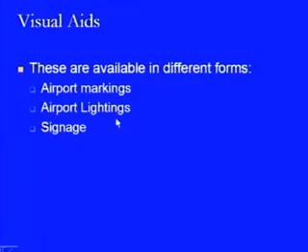Airport markings, airport lightings or signages are all related to various types of operations. They are all related to the different components which are provided on any airport, and that way at each and every point we will be getting the information, and we'll be looking at all these three types of information during these two lectures.